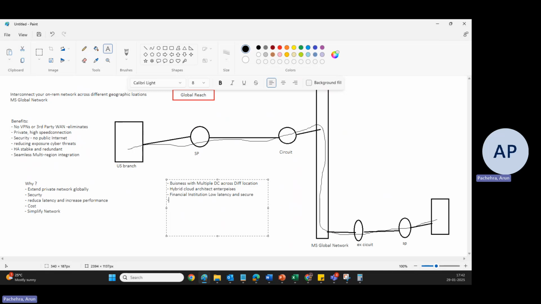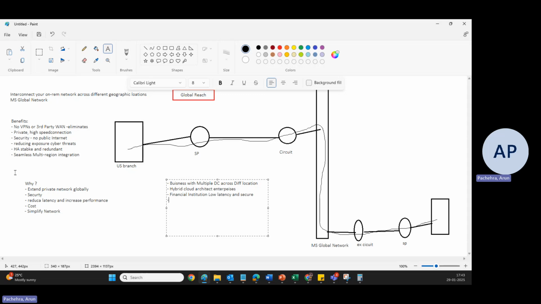That could be one use case. Ultimately, it is joining different geographies, connecting multiple branch offices with low latency, high performance, less cost, and a simple network.